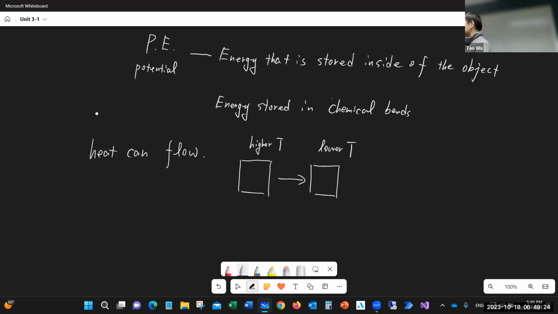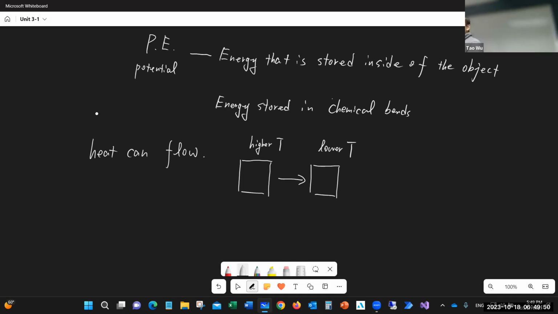The metabolism in our body digests the food or the fat stored in our body, and that keeps our energy up even though we're losing heat. So that is why you need to eat. Otherwise you will die.